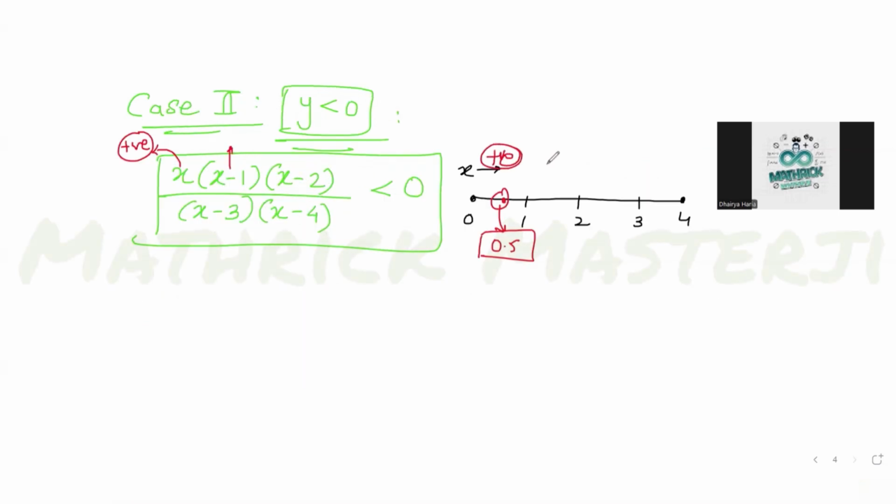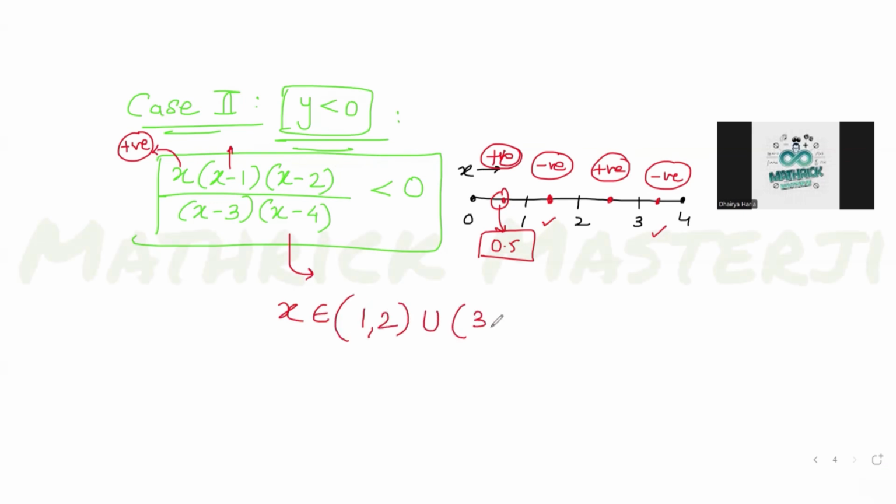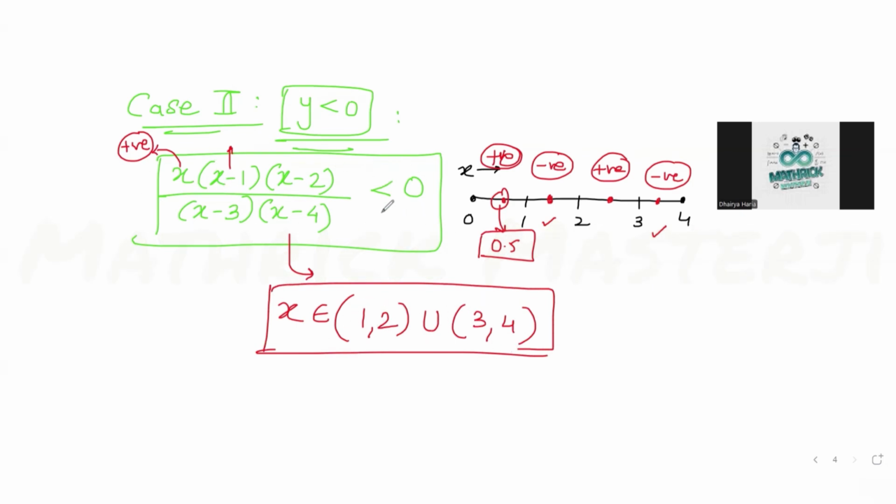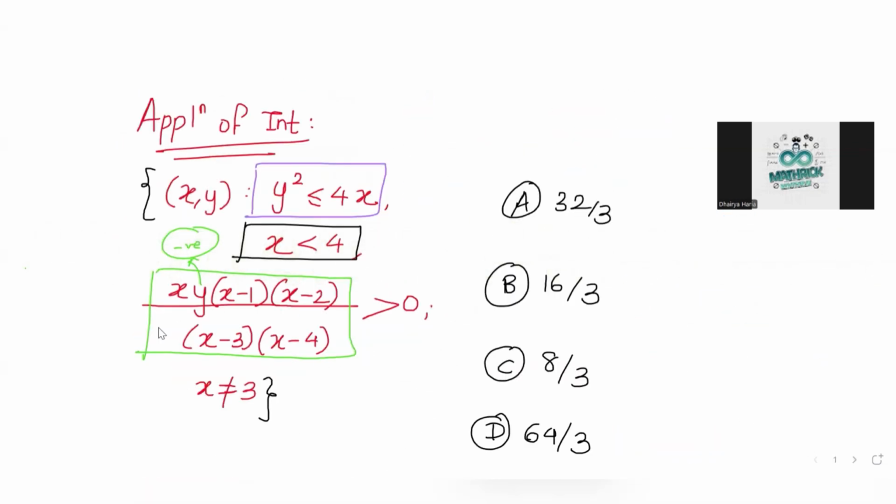So the alternate one becomes negative. The next one will again become positive, and the next one will again become negative. So I understand that for these values of x from 1 to 2 and from 3 to 4, I'll have this product negative. So x belongs from 1 to 2 and 3 to 4. Any value between 1 and 2 and any value between 3 and 4 gives me this entire product negative, and that basically makes the total condition given to us positive.